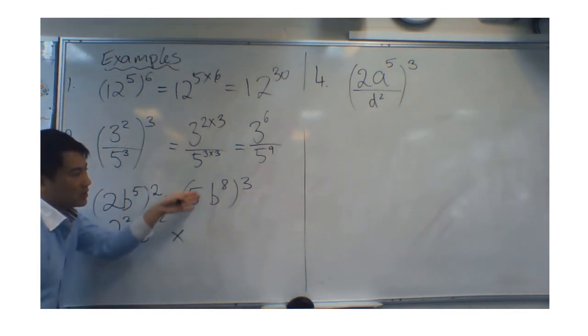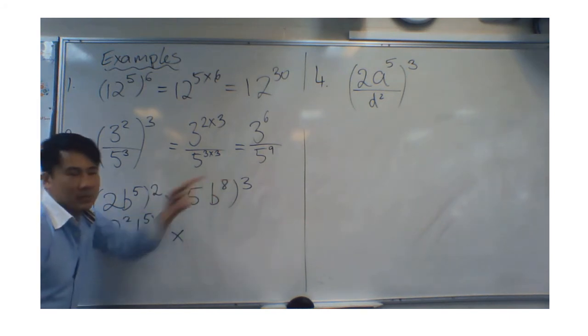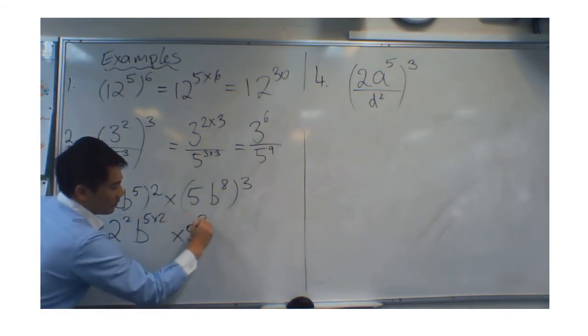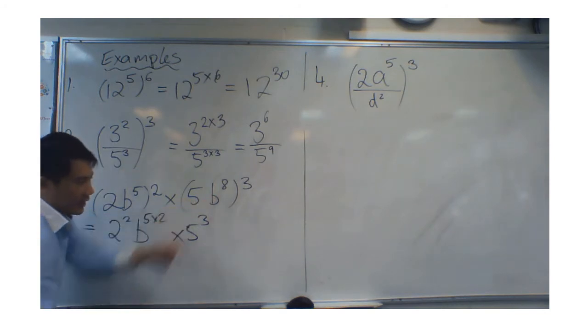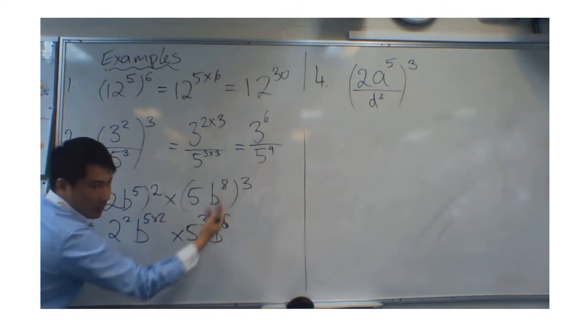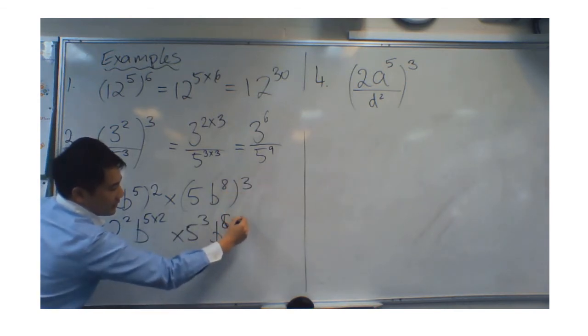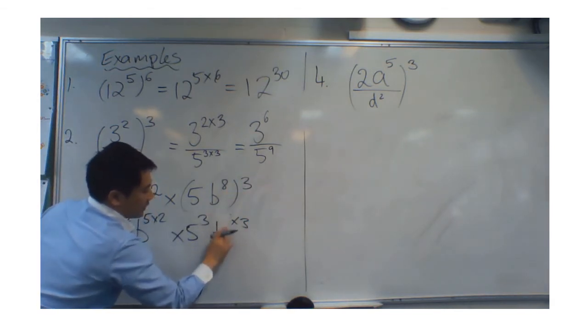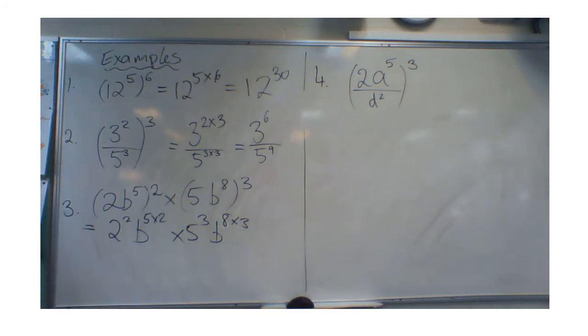Because 5 is just 5 to the power of 1. 1 times 3 is just 3, so still 5 to the power of 3. And then I've got b to the power of 8 times 3. Alright, so let's clean this up a bit.